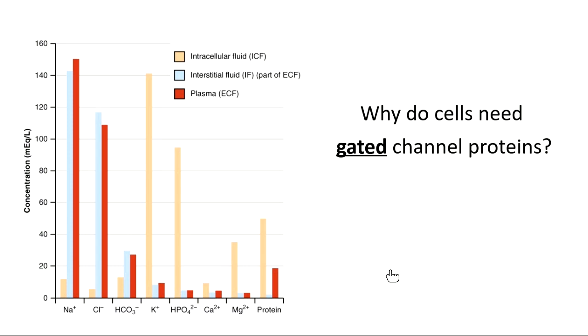When we talk about the inside and the outside of a cell, when we talk about intracellular fluid, that's our cytosol, and we compare that to extracellular fluids like interstitial fluid, like plasma.